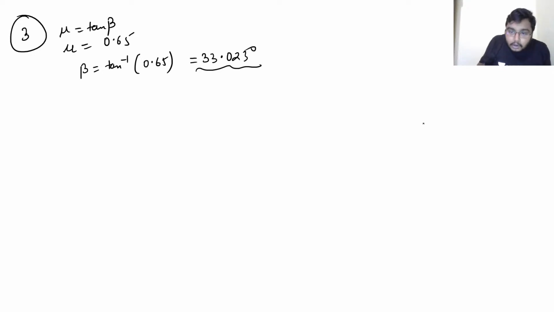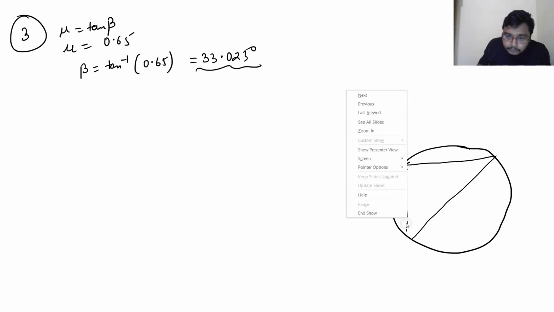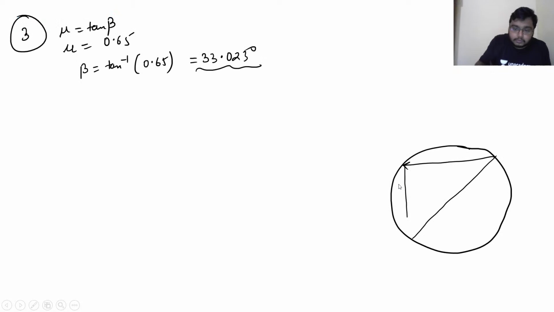And if you will draw the merchant circle, I'm drawing the merchant circle. This is your R. This is your FC. This is your FT. This is FS.